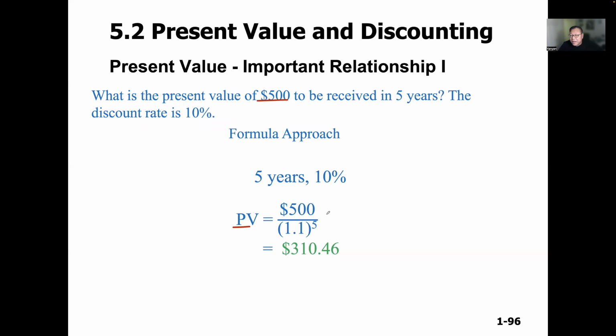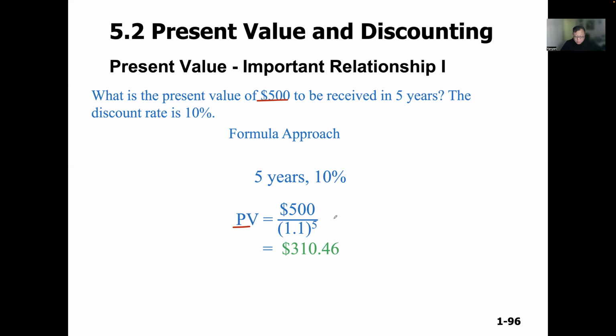The future value is 500 you're going to receive in 5 years, and the discount rate is 10%. So 1 plus 10%, 1.1 to the power 5. So 500 in 5 years is now $310.46.